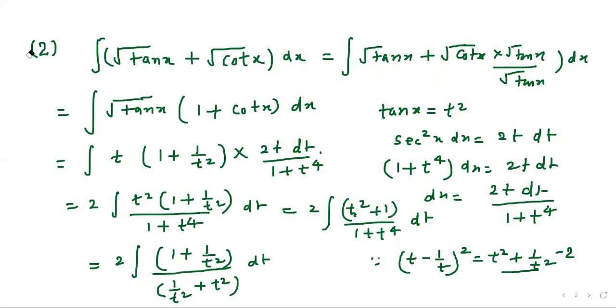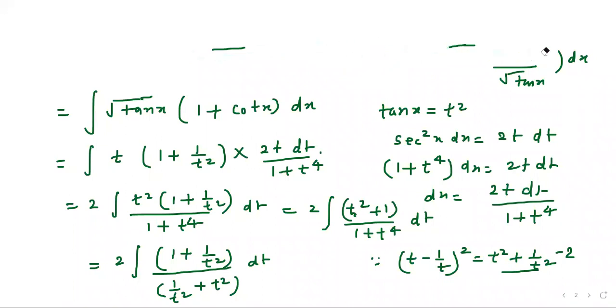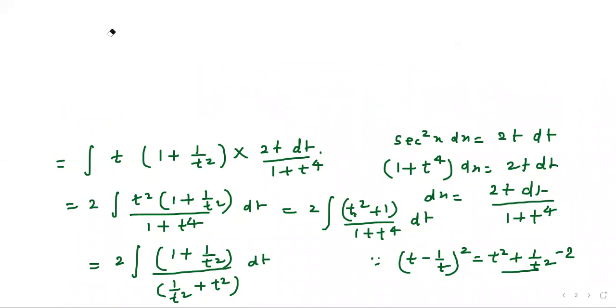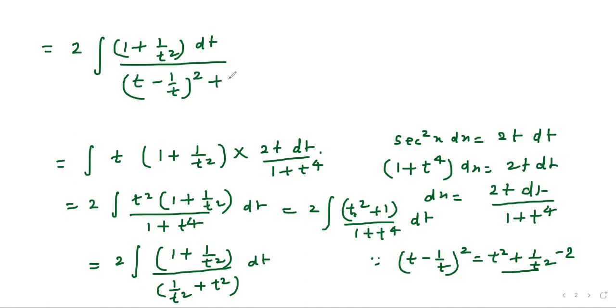So we can write twice of 1 plus 1 upon t square dt divided by t minus 1 upon t whole square plus 2. Now let t minus 1 upon t equal to u. So 1 plus 1 upon t square dt will be du.